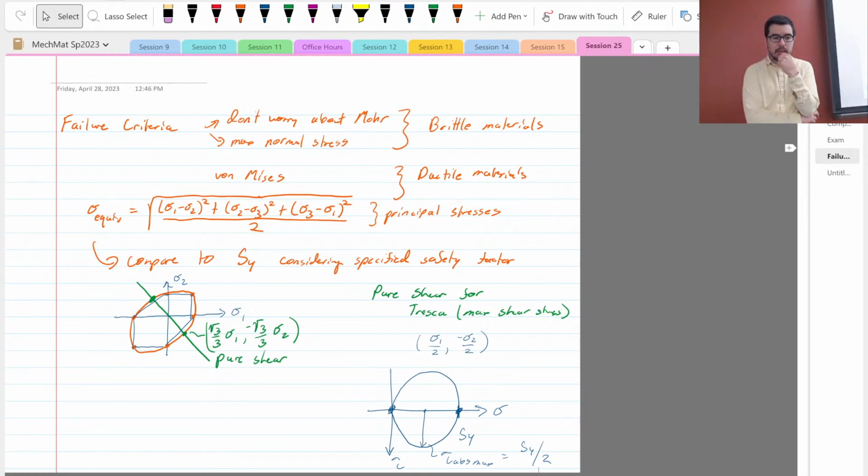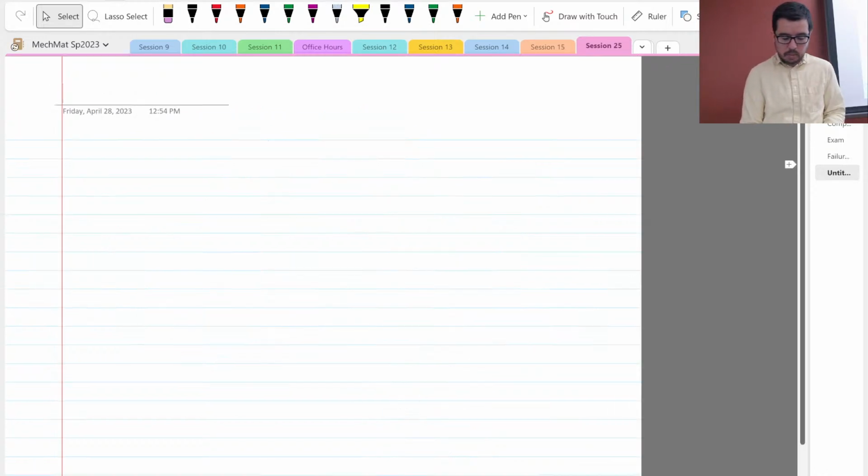Before that, let me just take a look at what we've covered. Right, strain gauges. We also did cover strain gauges in the last little bit.